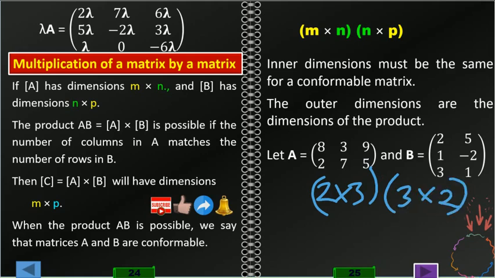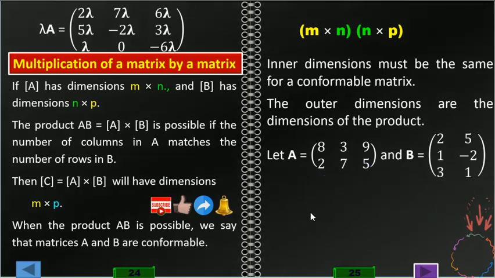Now look at the middle one. Clearly, you can see you have 3 and 3. So that means the product will exist, it is conformable. But the answer we're going to get will be a 2 by 2 matrix, right? That means you'll be expecting to get a 2 by 2 matrix in this multiplication.